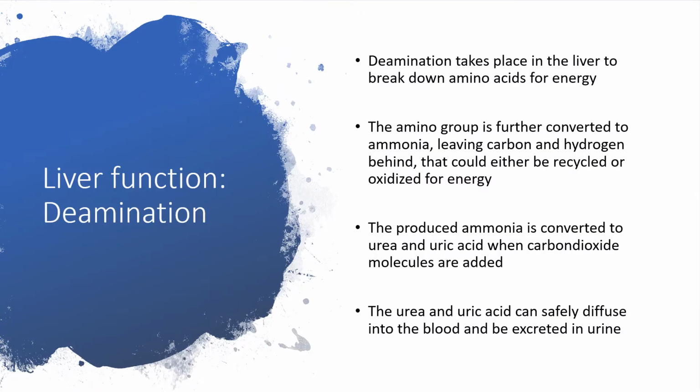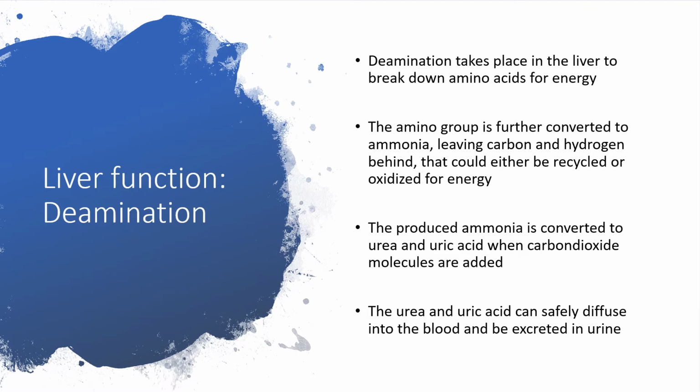One prominent function of the liver is the amination of amino acids. The amination takes place in the liver to break down amino acids for energy. The amino group is further converted to ammonia, leaving carbon and hydrogen behind.